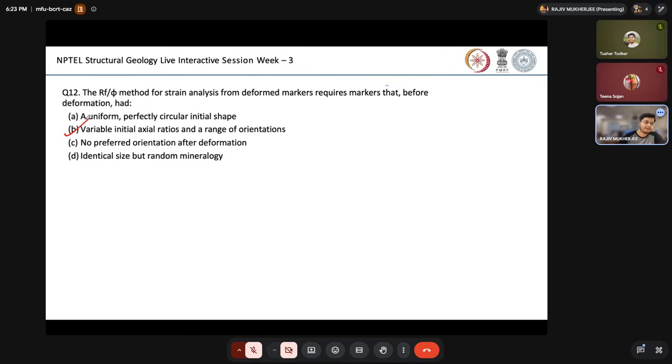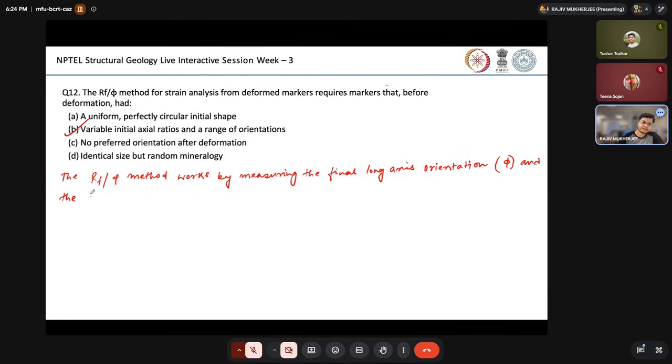So what we can actually write is that the RFI method works by measuring the final long axis orientation, which is the phi, and the aspect ratio, with respect to the long axis.